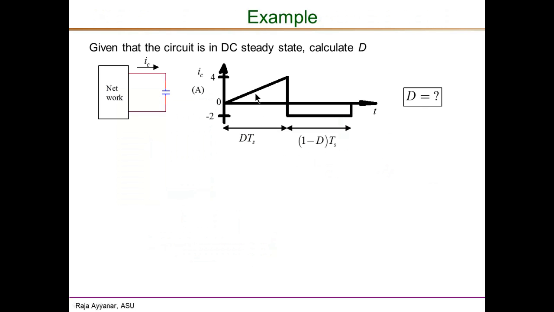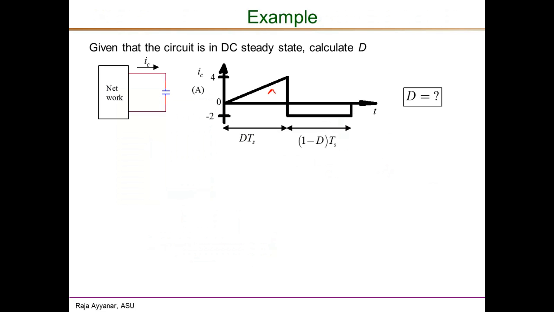So we notice that the capacitor current is not a constant value during this positive interval, during this on interval, and it is actually rising linearly, and during the off interval, of course, it is a constant value. So we are probably better off writing the current-second balance as the equal areas in the positive and the negative portions.